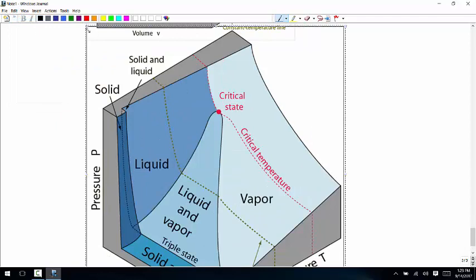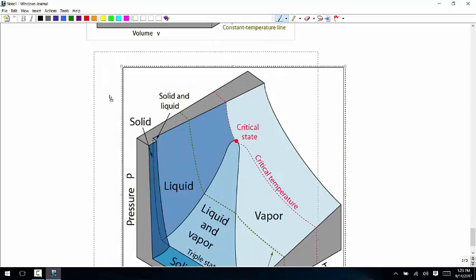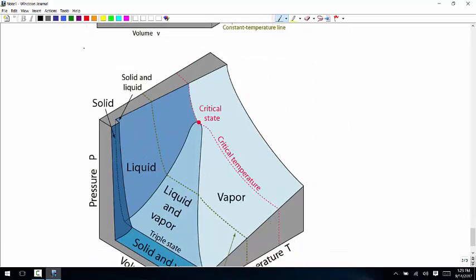It would only ever expand when it freezes due to some weird anomaly in the crystal structure. I really don't know about that, but water has something to do with that. That's definitely outside of my area of knowledge.